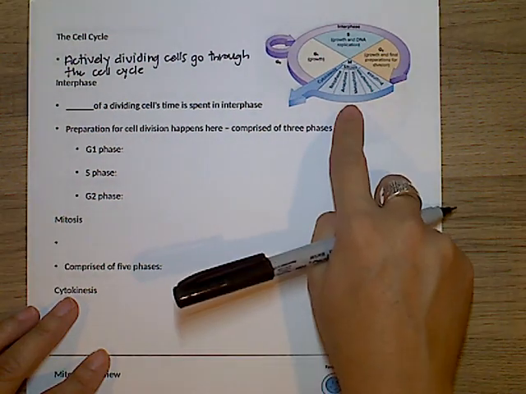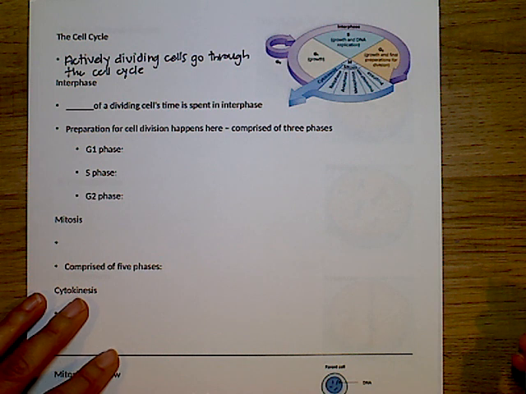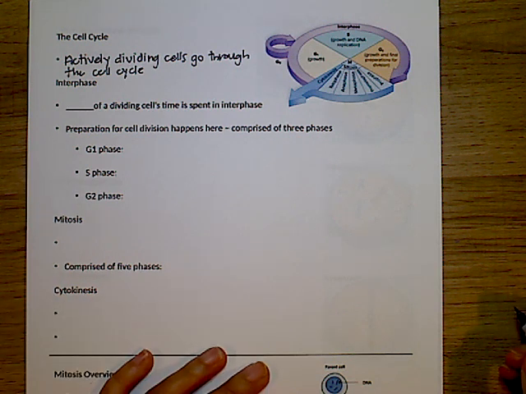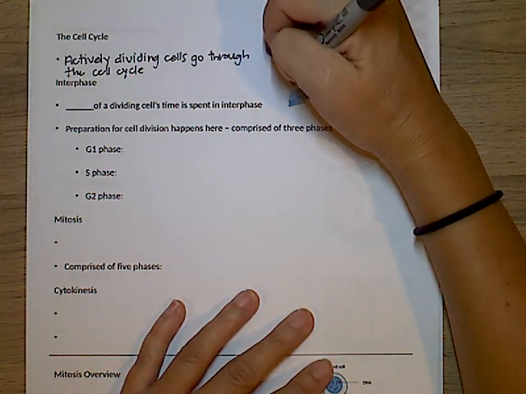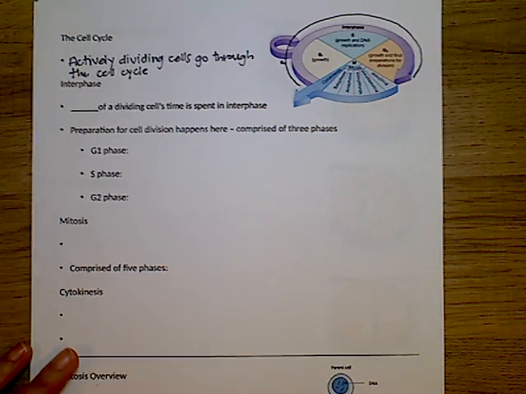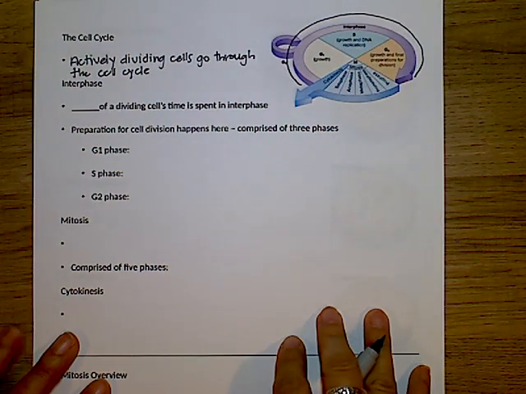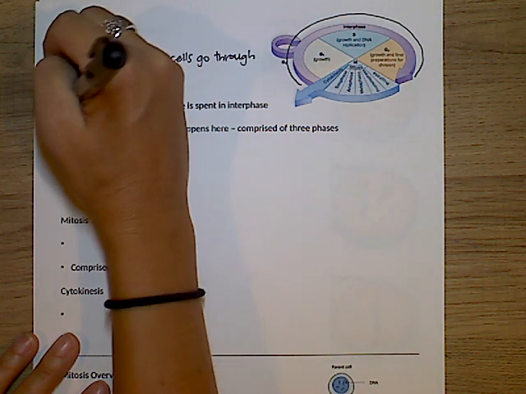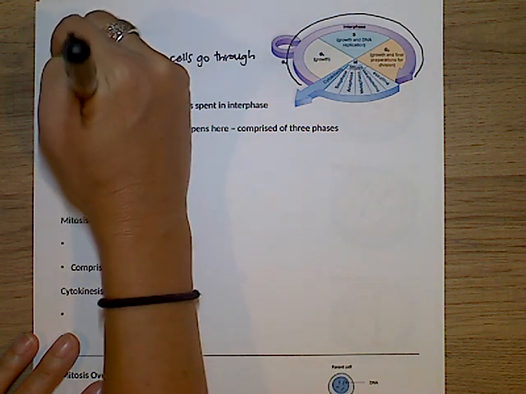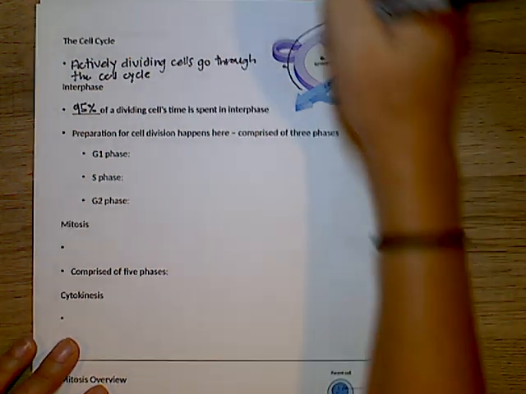And here's our diagram of the cell cycle over here. So you can see all of this in purple here is what we call interphase. Inter means between, so it's kind of like when they're not necessarily actively dividing. And 95% of a cell's time is spent in interphase.